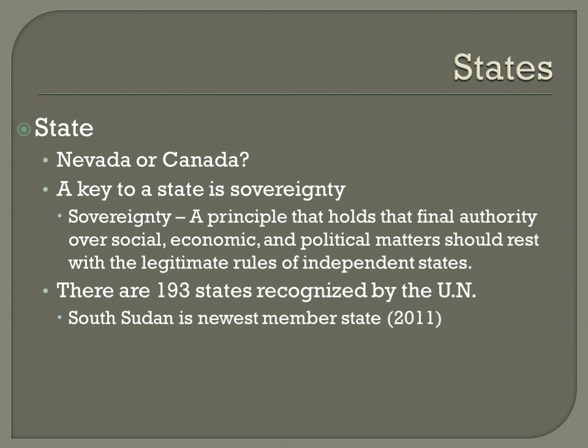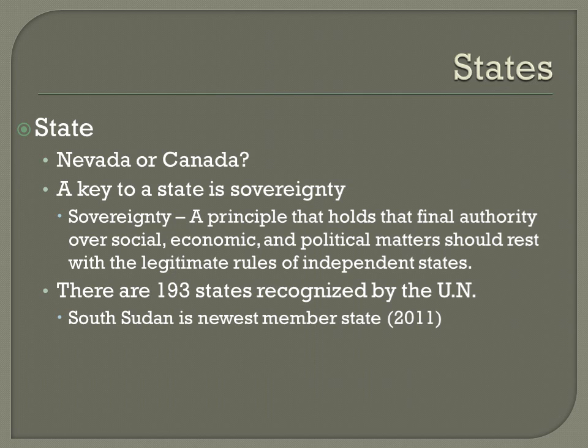Again, that key element to differentiate between Canada and Nevada is sovereignty, a principle that holds that final authority over social, economic, and political matters should rest with the legitimate rulers of independent states. That's the definition of sovereignty. And that's the difference between Nevada and Canada as a state. Canada has sovereignty.